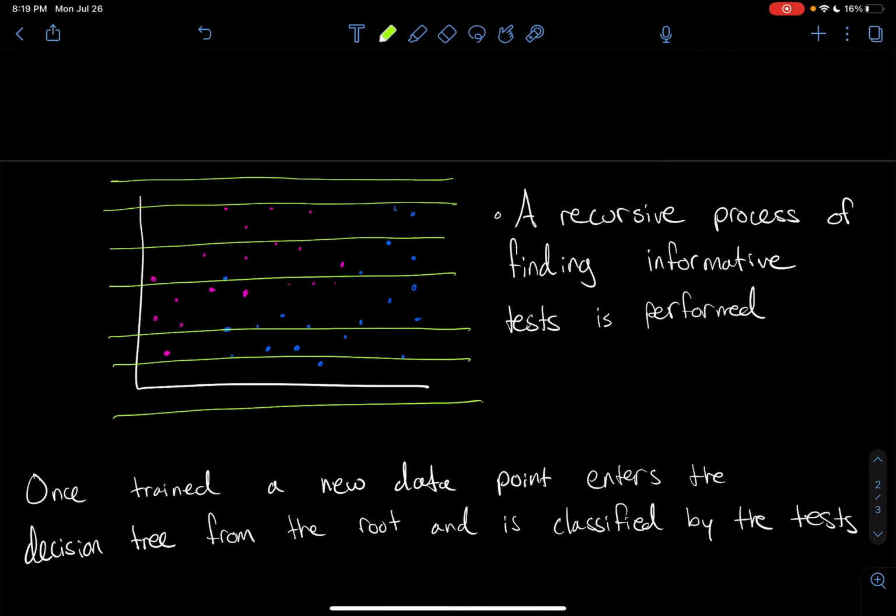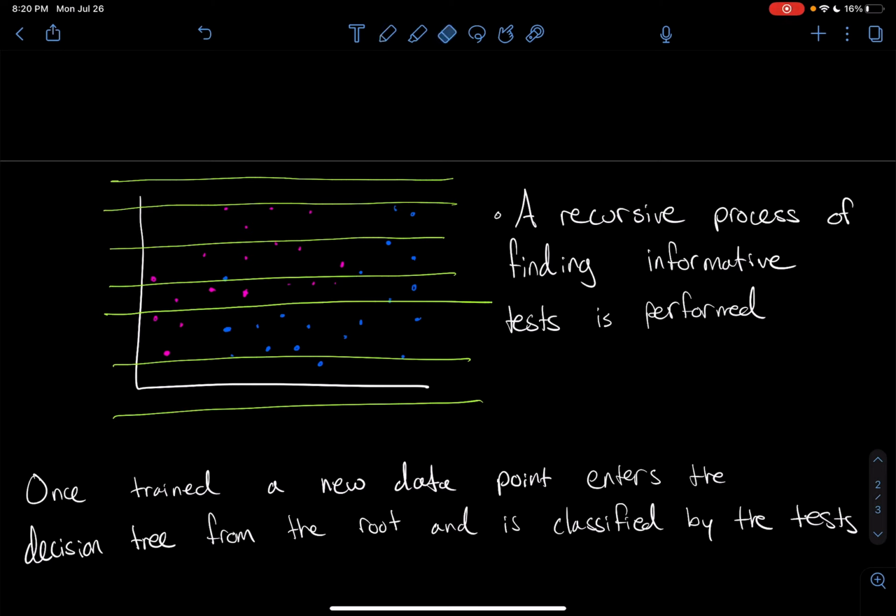Let's say I wanted to take the horizontal line that gave me the most informative information, and in this case that would be getting as many pink data points on one side and as many blue points on the other side.